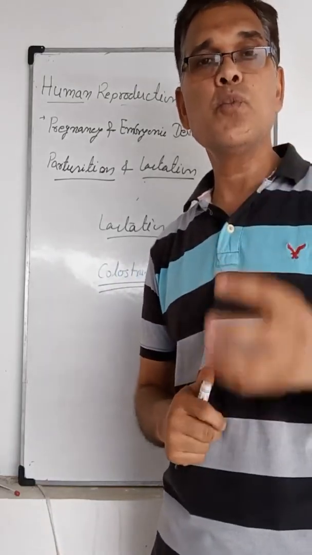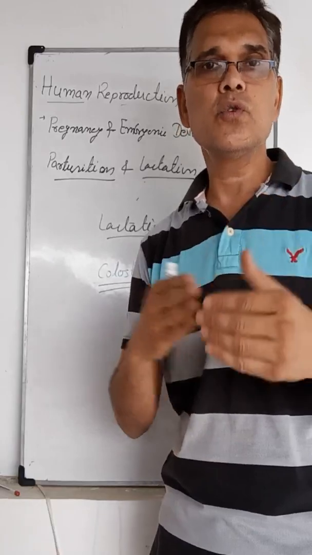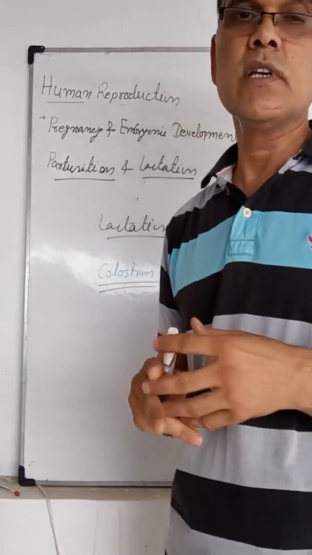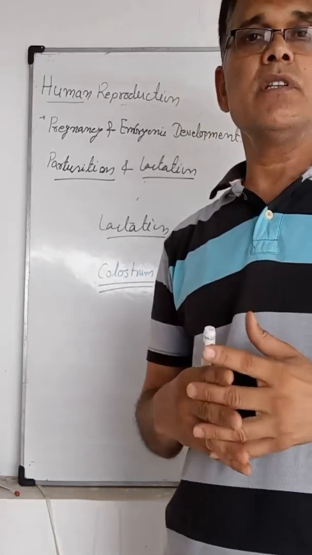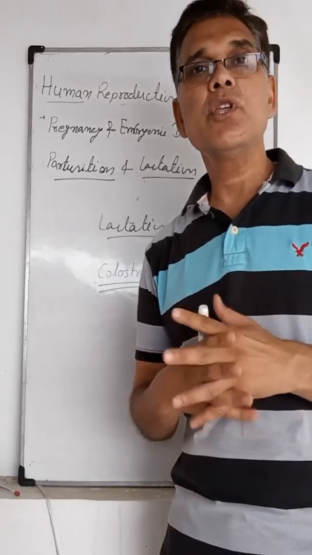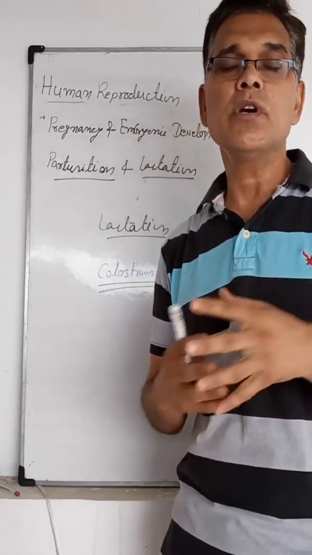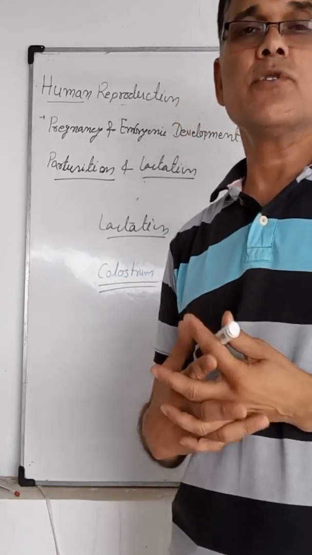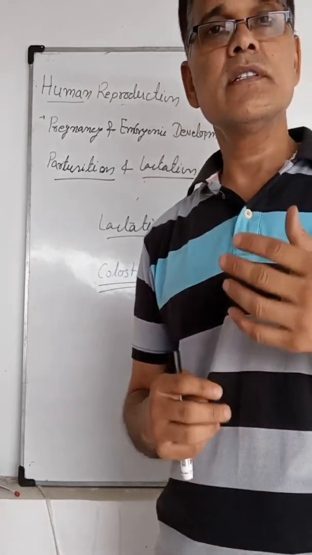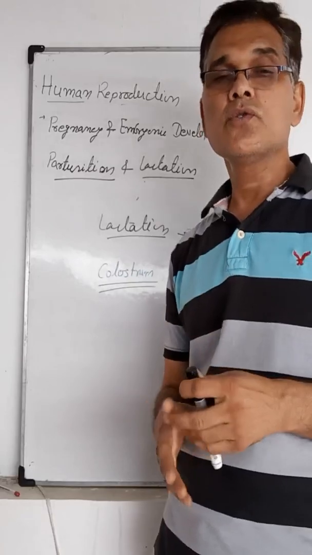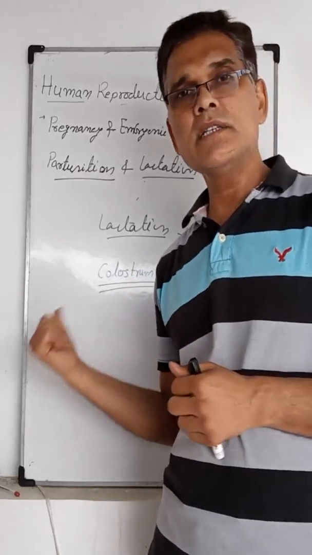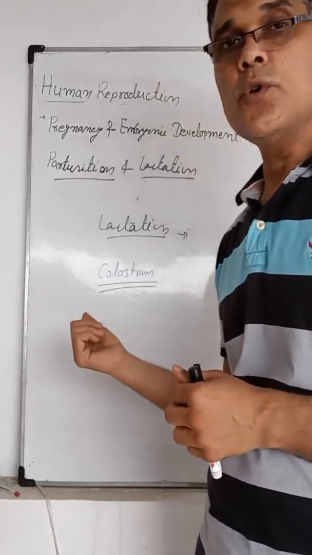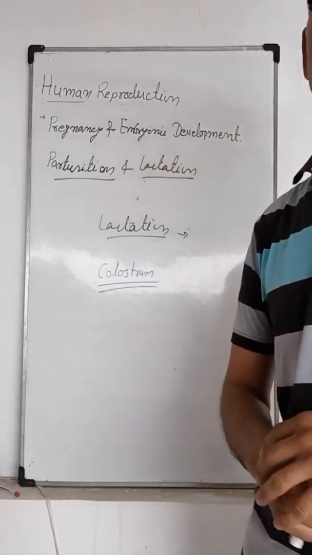So we have to provide that 2 to 3 days of milk to the new young ones, which will develop antibodies and the immune system of the new young ones, and will help in fighting different types of pathogens and germs in the future. So it is essential for the new young ones.